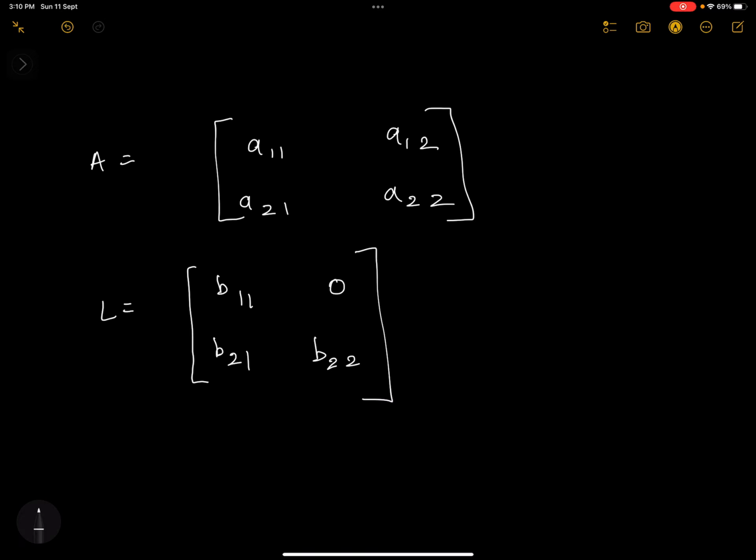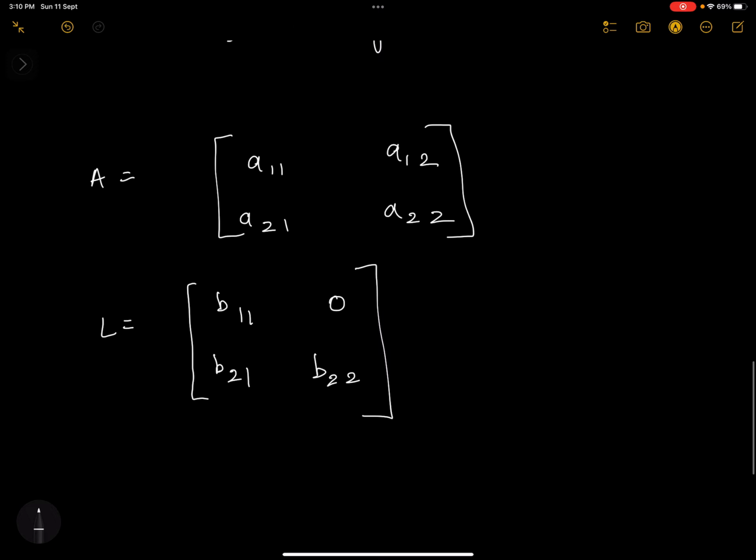This is a lower triangular matrix because the value symmetric to, say, B21 is 0. So on the mirror side of whatever is there in the lower triangular matrix, all entries are 0. That's why it's called a lower triangular matrix. And we know by the initial characterization that A will be equal to the lower triangular matrix times its transpose.